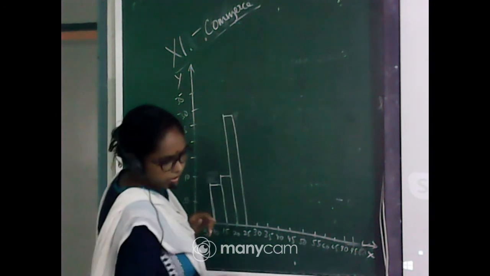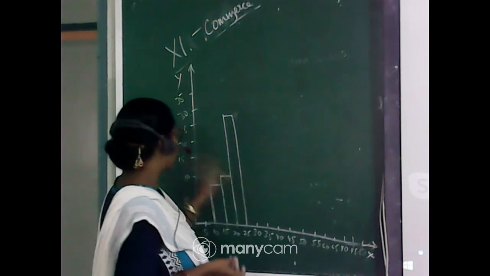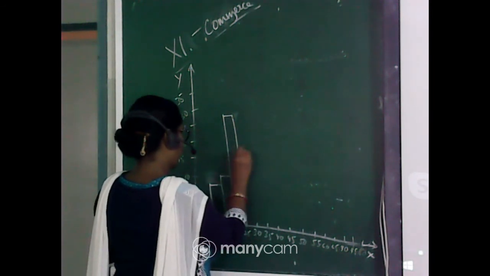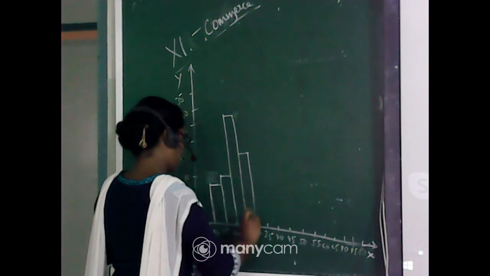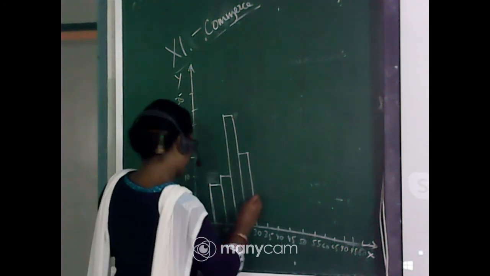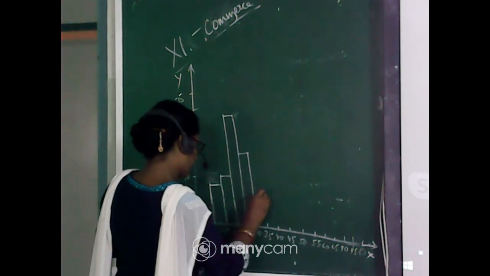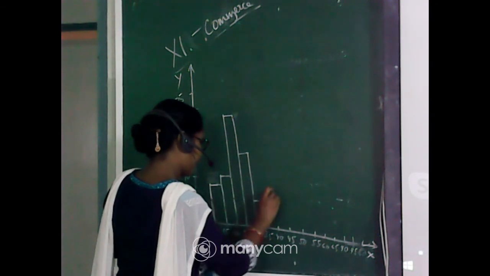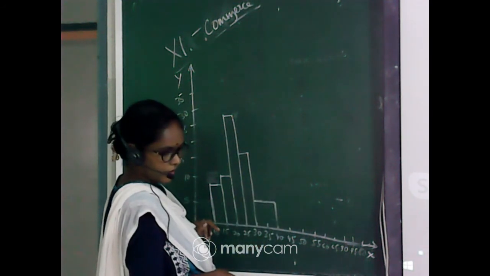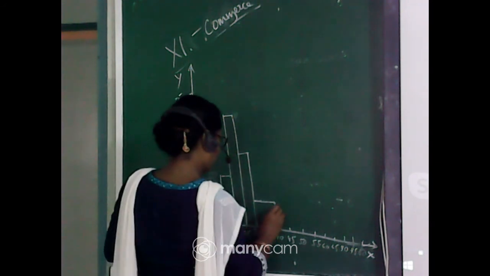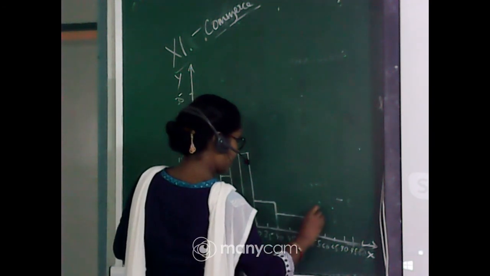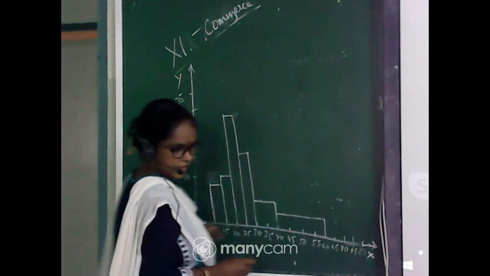Next, 25 to 30, frequency density 15. Next, 30 to 40, 6, draw up to 40. Next, 40 to 60, 3. Next, 60 to 80, 2.